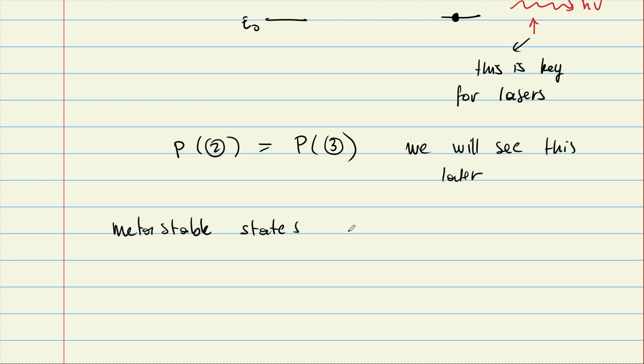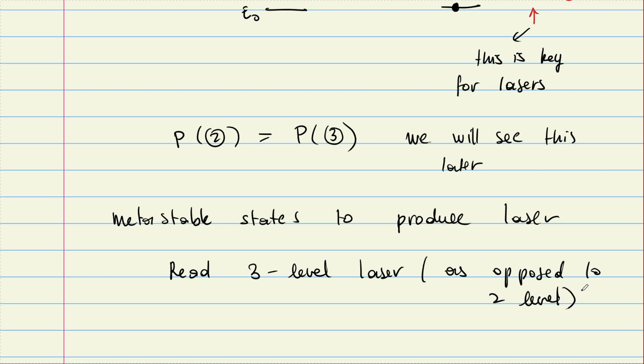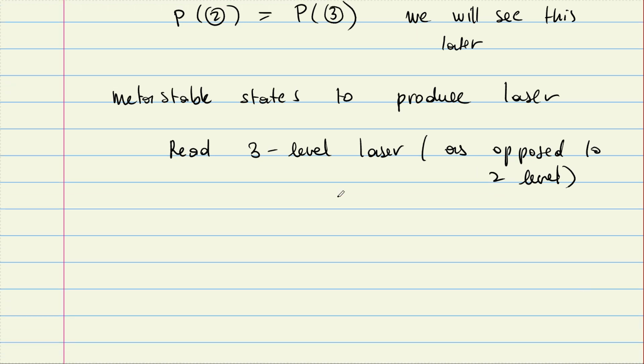You can also read about 3-level lasers as opposed to 2-level, which I showed you here. 2-level is, for some technical reason, not possible. You have at least 3-level, or there are also 4-level lasers.